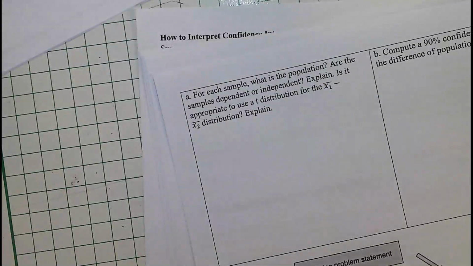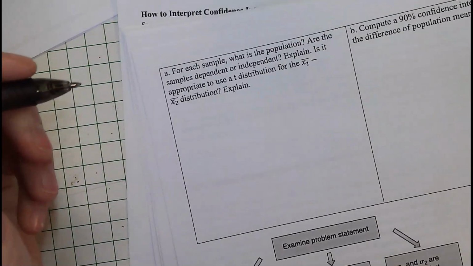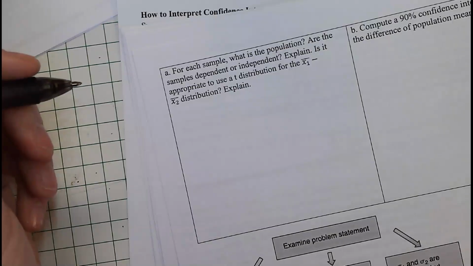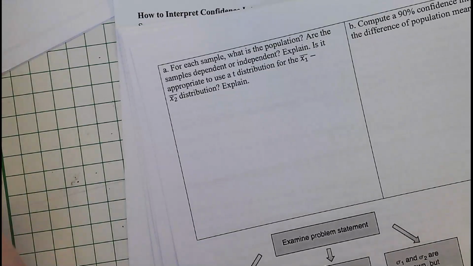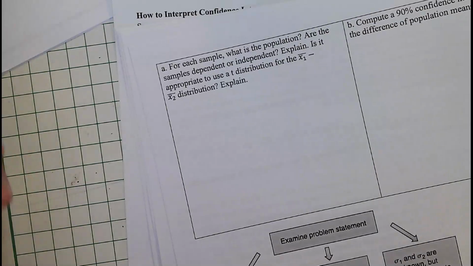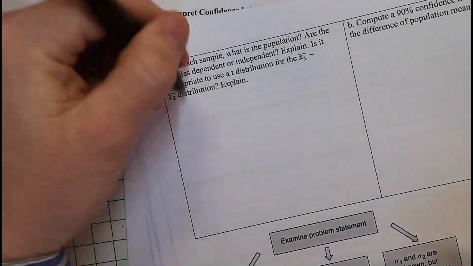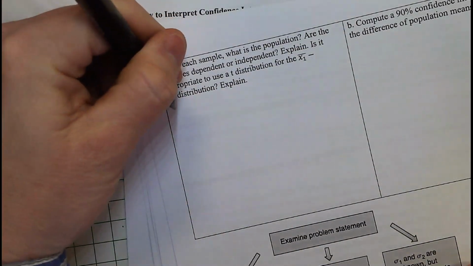Let's just talk about whether the samples are independent or dependent. Basically, they randomly assigned one group to drink the red wine and one group not to drink the red wine. So we would call this independent, because one group would not impact the other.